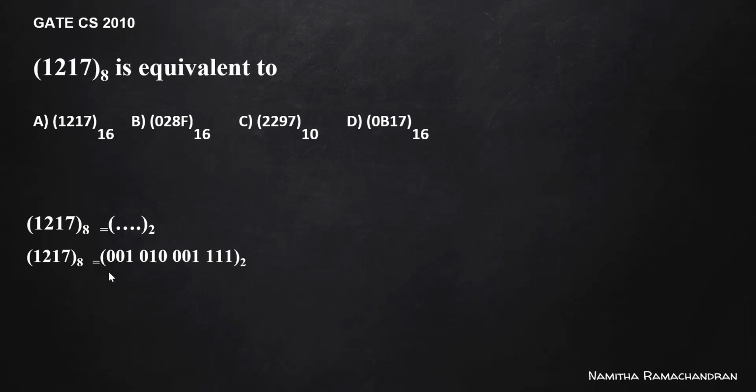This 1 is again 001. So this is the binary pattern corresponding to this base 8 number. In a base 8 system, we can directly generate its binary equivalent by considering the 3-bit binary equivalent of each digit like this. So now using this, we can generate its hexadecimal equivalent.